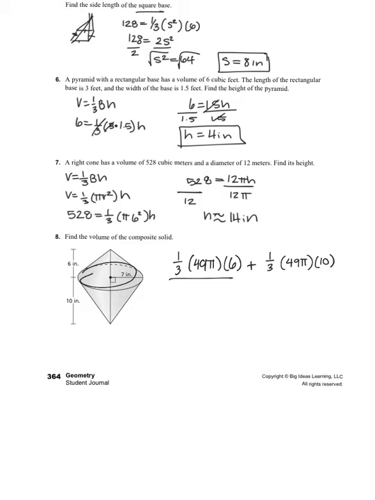I'm adding the two volumes. So this first one simplifies to 98 pi. This second one simplifies to 490 pi over 3. When I combine the two, I get that the volume of this solid is approximately 821 inches cubed.